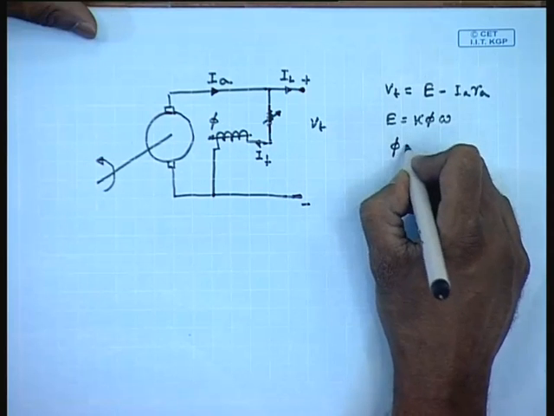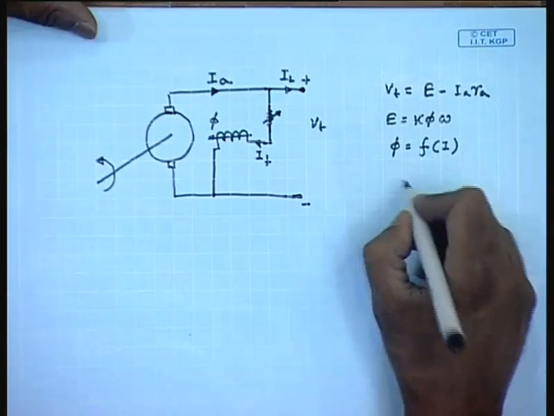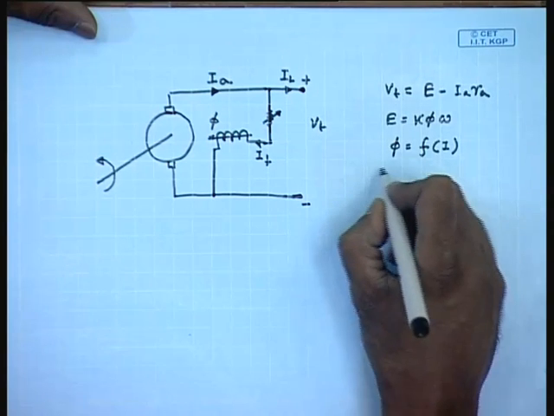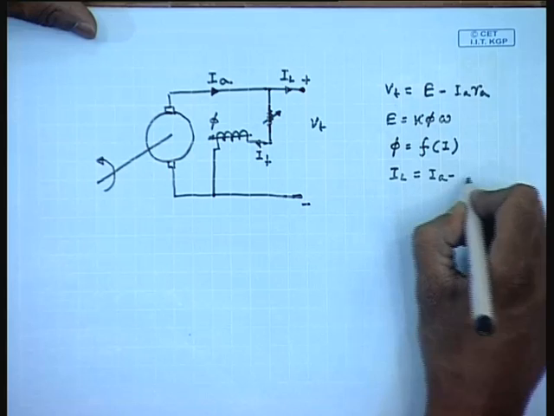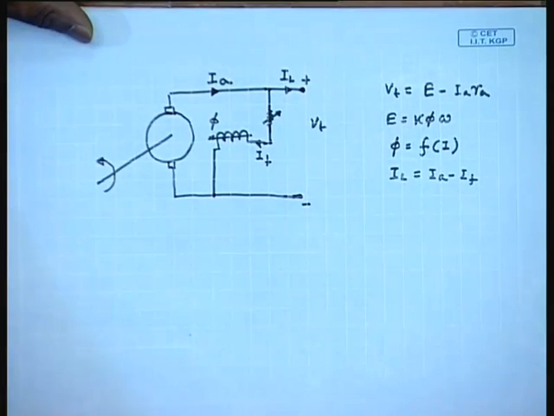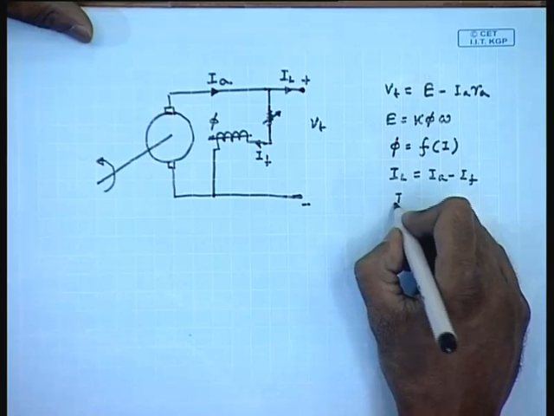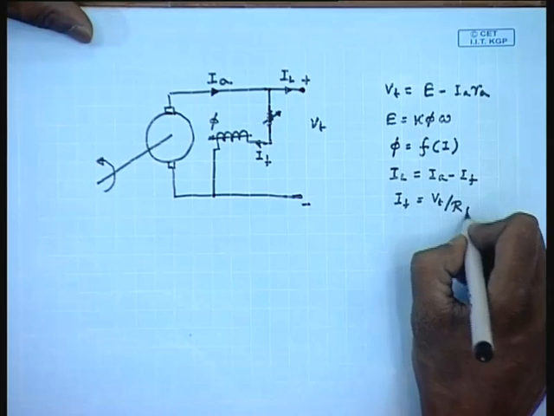Phi is given by the saturation characteristics as a function of If, and IL equal to Ia minus If, where If equal to Vt by Rf.